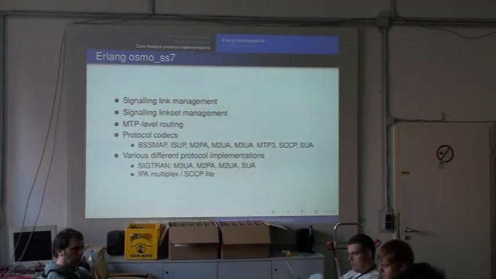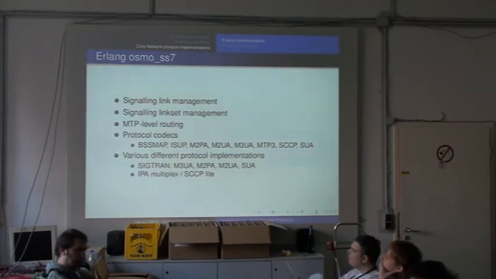I don't know anything about Java. I can look at decompiled Java code and figure out what it does, but I don't write stuff in Java. So I'm very conservative when it comes to languages normally. But what was needed in all this SS7, especially in the higher layers, is very good ASN.1 support.